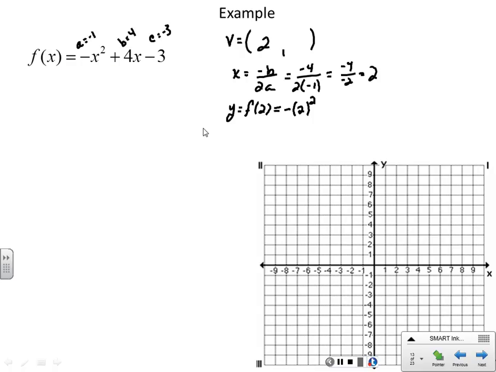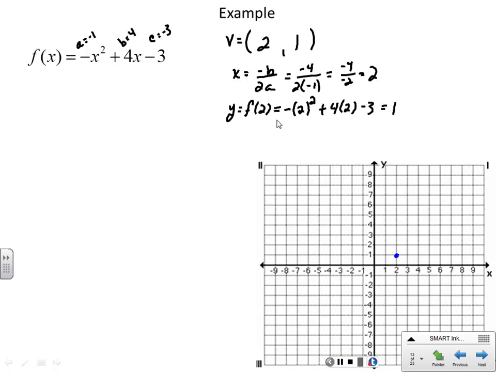Your base is just 2, so you have to take the opposite of 2 squared, plus 4 times 2, minus 3. And then if you do the math, what are we going to get? 1. And so your ordered pair for your vertex is going to be 2, 1. So we're going to have a vertex at 2, 1.